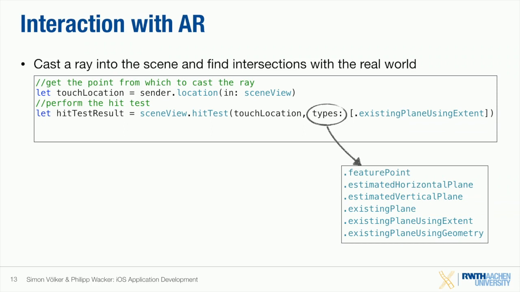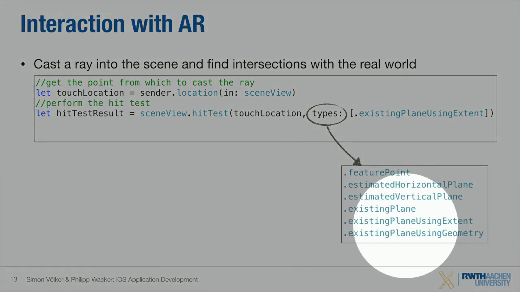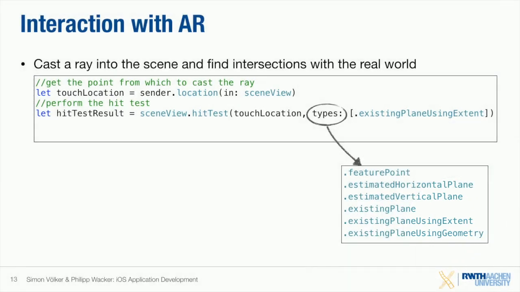And the plane can then also be simplified by, well, either just the original plane that was detected, or using the extent that was tracked, or the geometry. The more precise or the more concrete you get, the more cost intensive it is also.